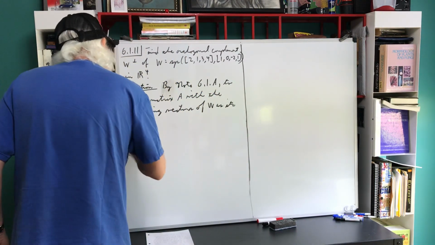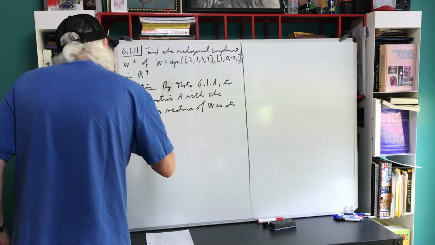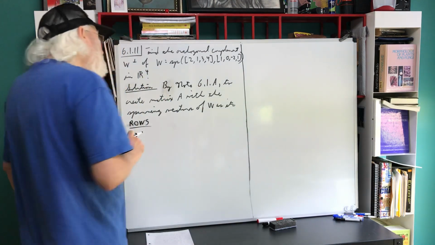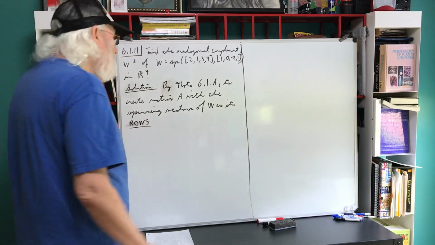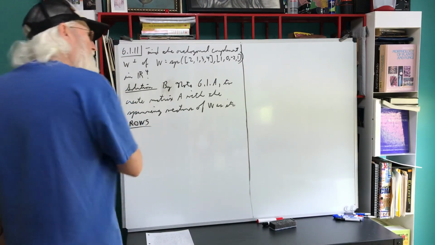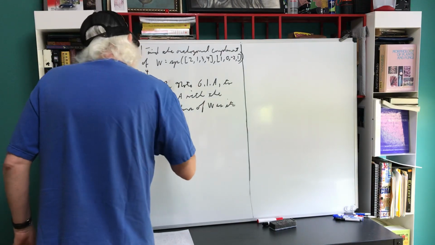As its rows. A couple of times we put vectors into a matrix as rows. It was usually columns. We've got our reasons, our dot product reasons, for doing rows.